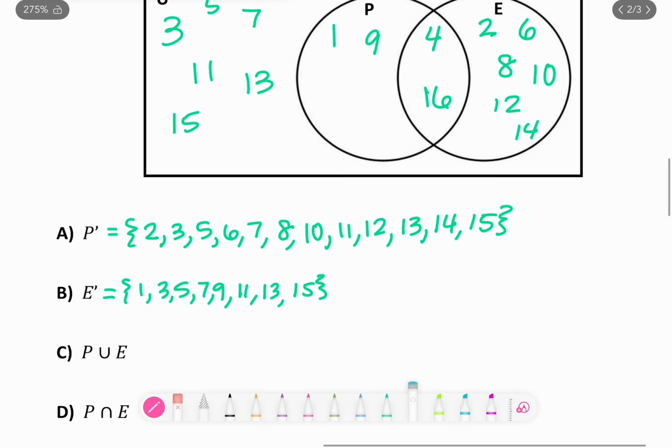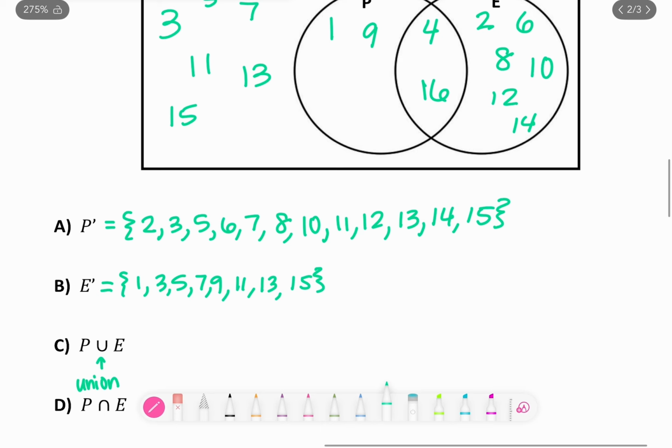Now, this one is P, and that looks like a U. So that's the union. That's everything that's possible in P or in E. Anything that's in either circle.